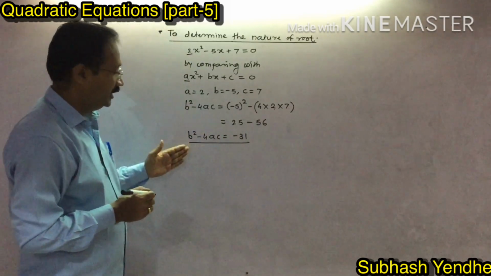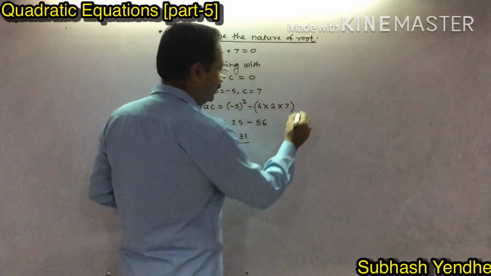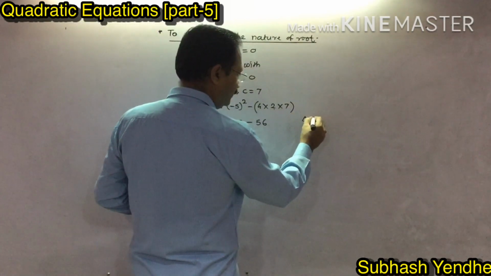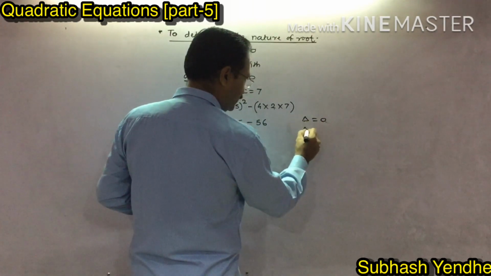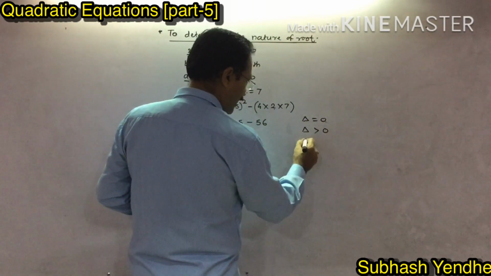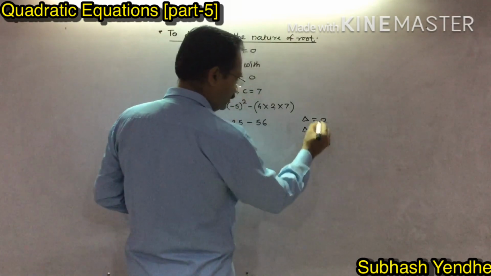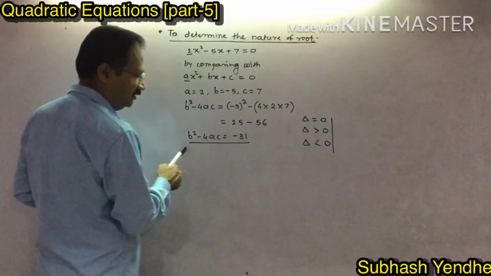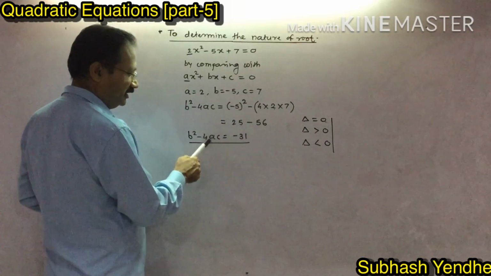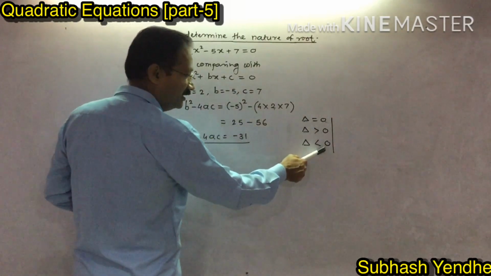Now I told you that three things are there: if the discriminant is equal to 0, greater than 0, and less than 0. These are the three possibilities. So which possibility is here? This value means the discriminant is less than 0.